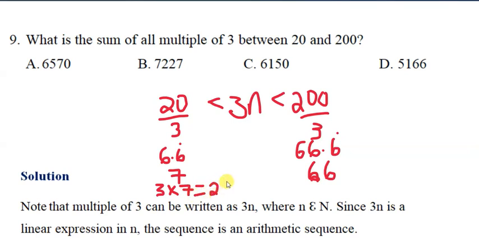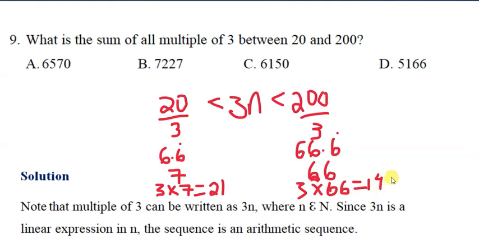21 is considered to be the first term, which is a multiple of 3, divisible by 3, and greater than 20. And also, if we multiply 3 by 66, we will get 198.